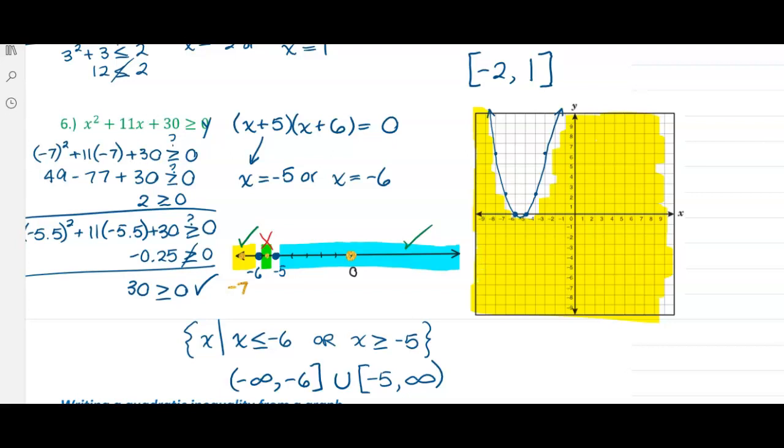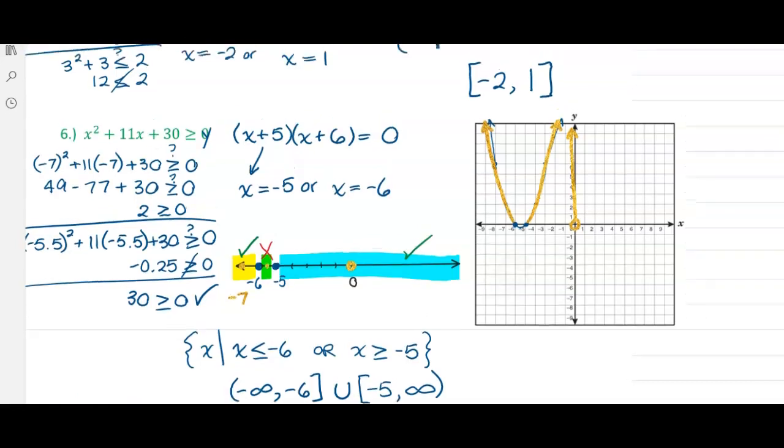So what I literally want to know is not all of this yellow region. I just want to know where this graph is greater than 0. So y equals 0 is right here. Where is the graph above 0? Well, it's above 0 right here, and it's above 0 right here, but right here it is not above 0.